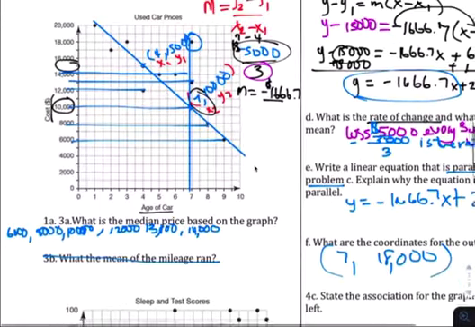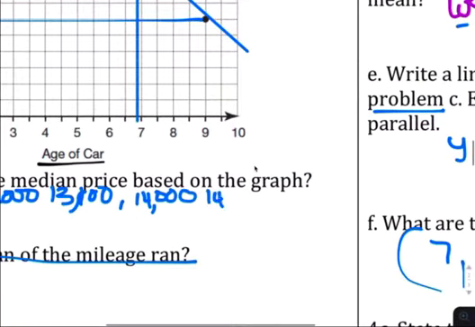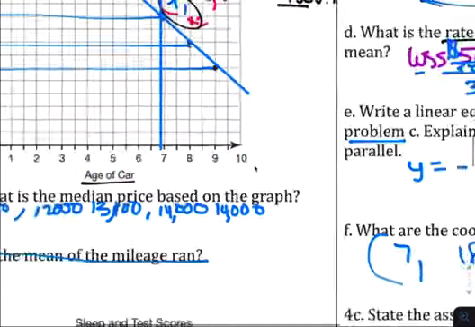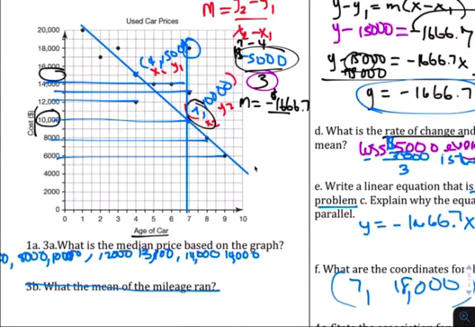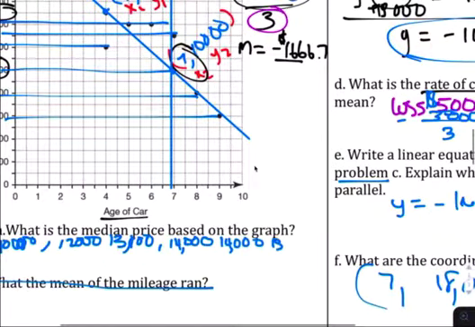You guys know how to find the median, right? You're just doing the middle number. And then 15,000.